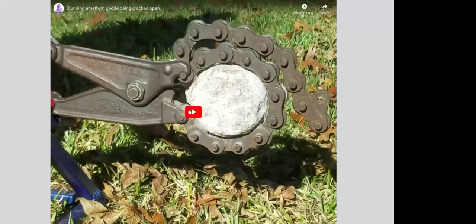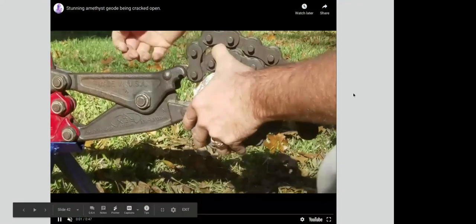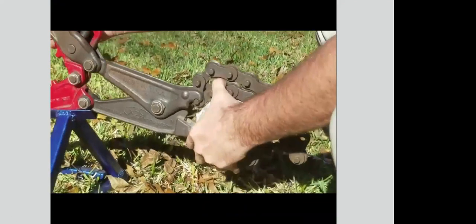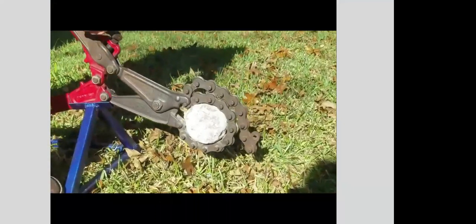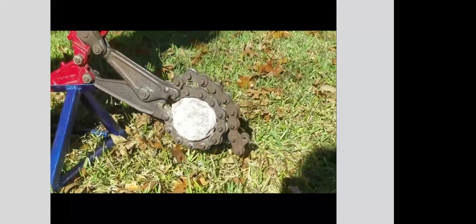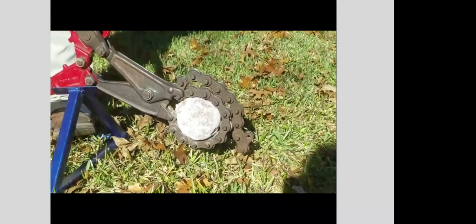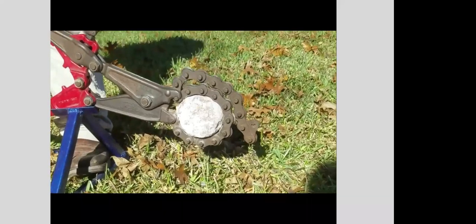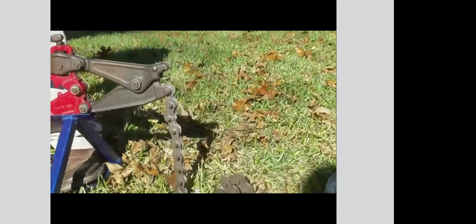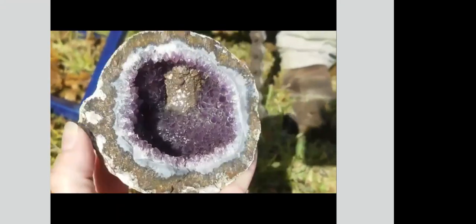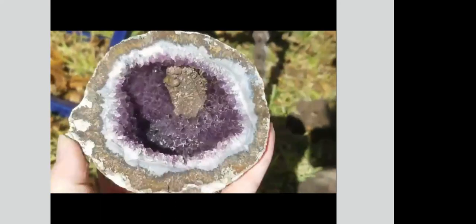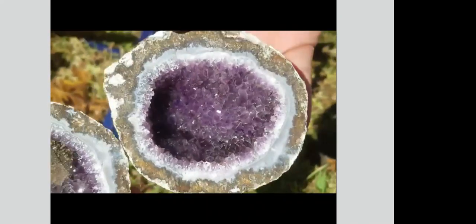So let's look at this. Nice amethyst geode.